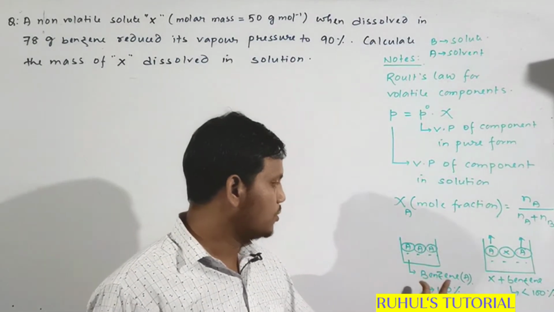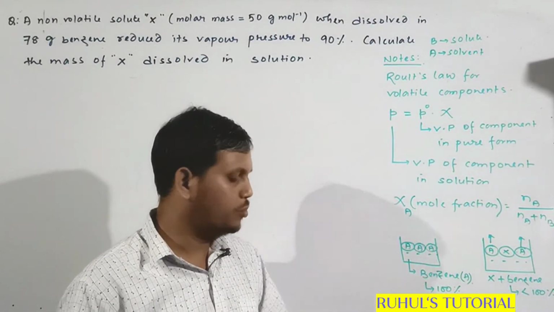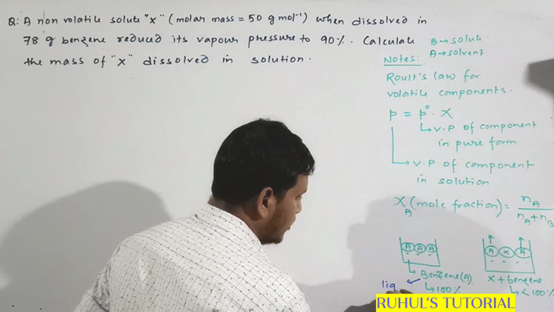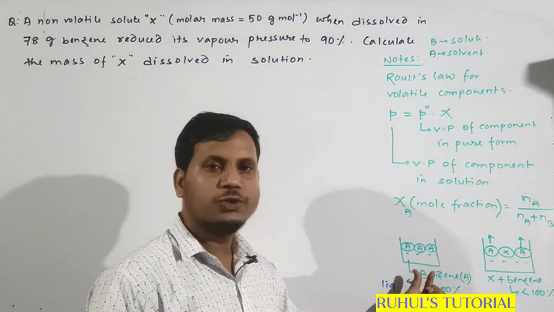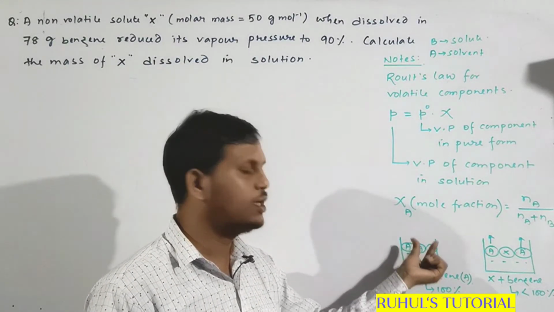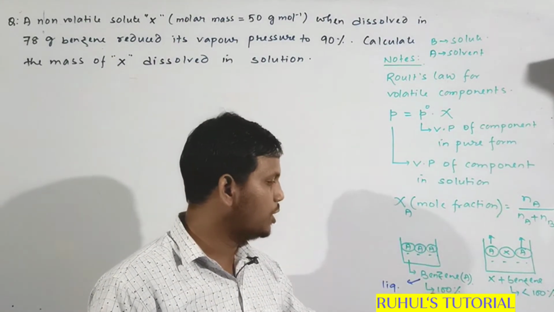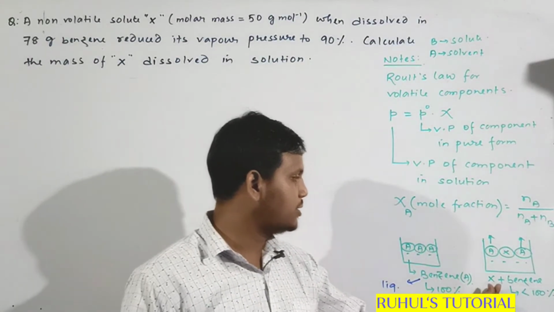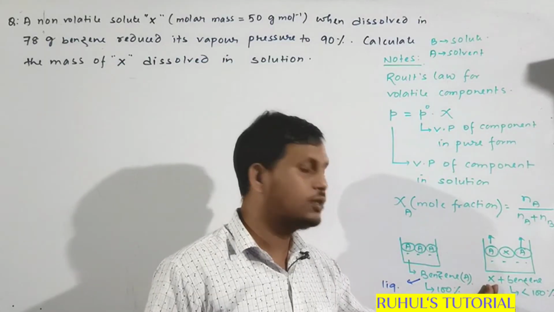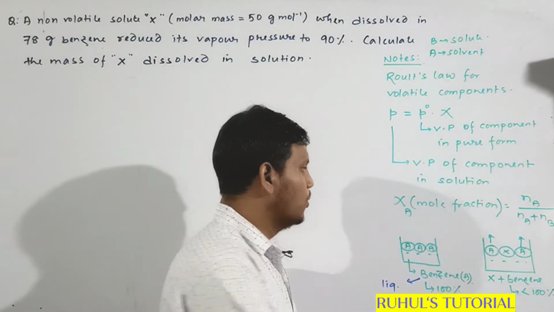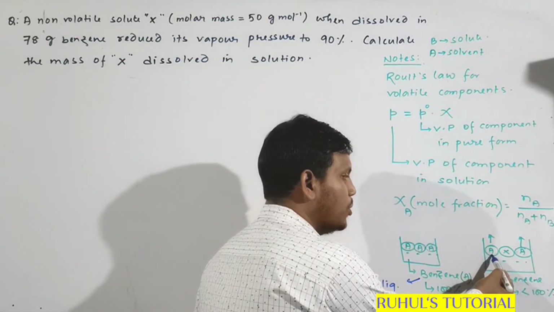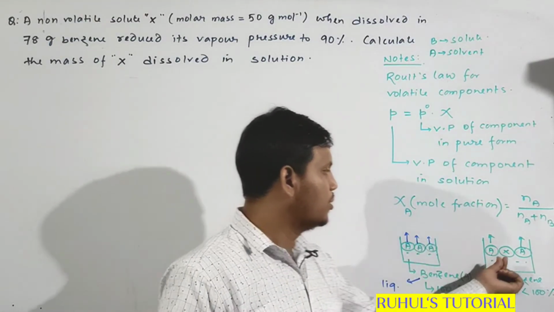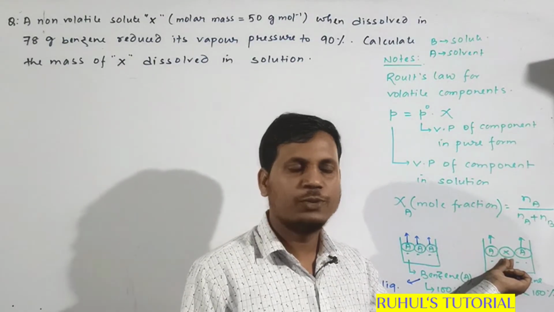Suppose benzene is there. Benzene is a liquid, so it is volatile. When we heat benzene, all the benzene will evaporate and there will be 100% vapor pressure. But when X, which is non-volatile, is dissolved in benzene, only benzene will evaporate, A for benzene, but X will not evaporate.